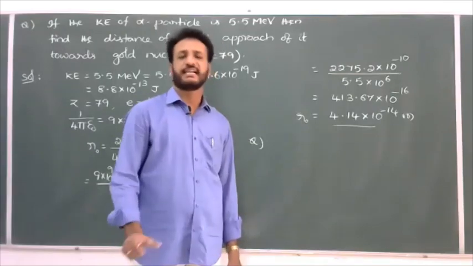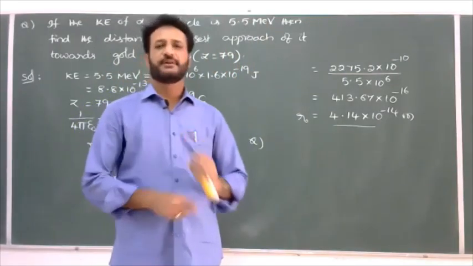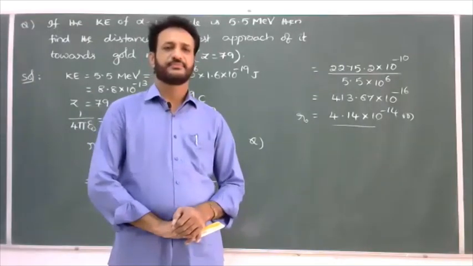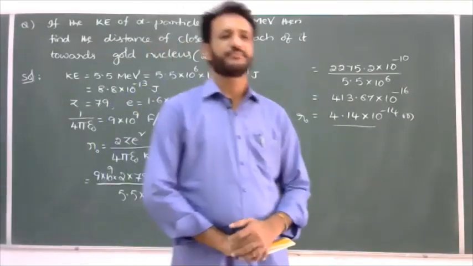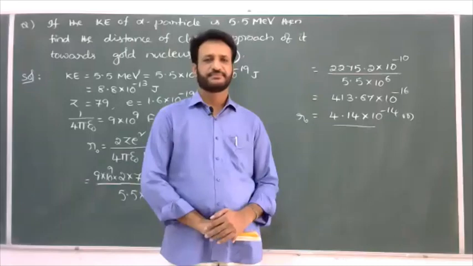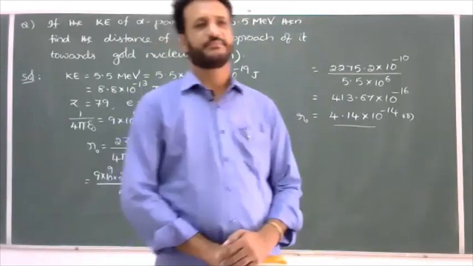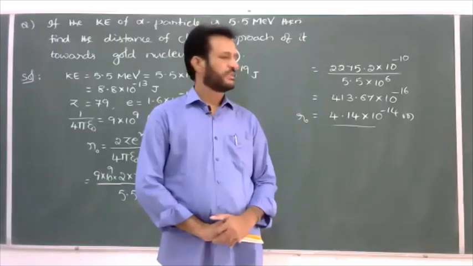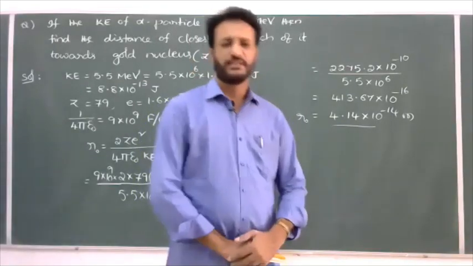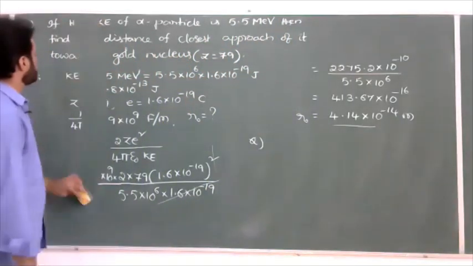In alpha particle scattering experiment, if the momentum of the alpha particle is tripled, then what happens to the distance of closest approach? Try this question.